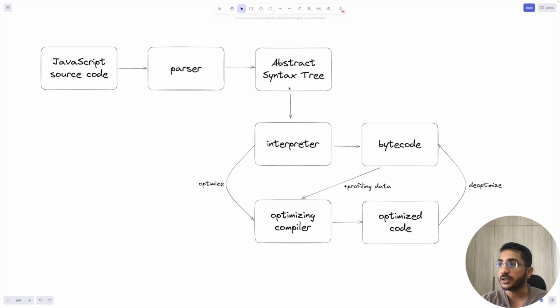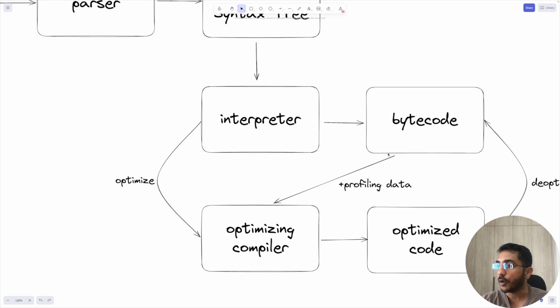Now this abstract syntax tree goes to this cycle where we have the interpreter, which converts the abstract syntax tree to bytecode. Bytecode is an unoptimized version of your code, and this bytecode goes inside the optimizing compiler with some profiling data to further create the most optimized version of your code.